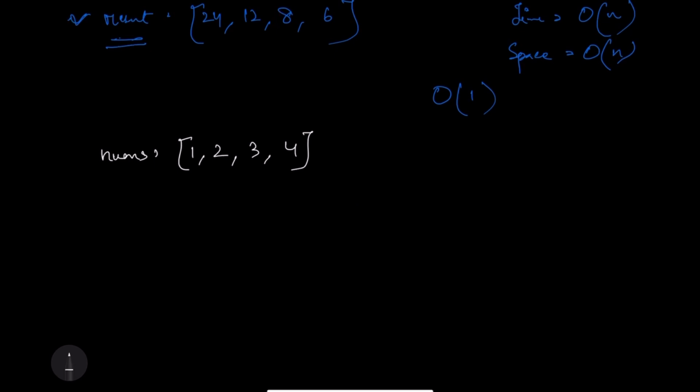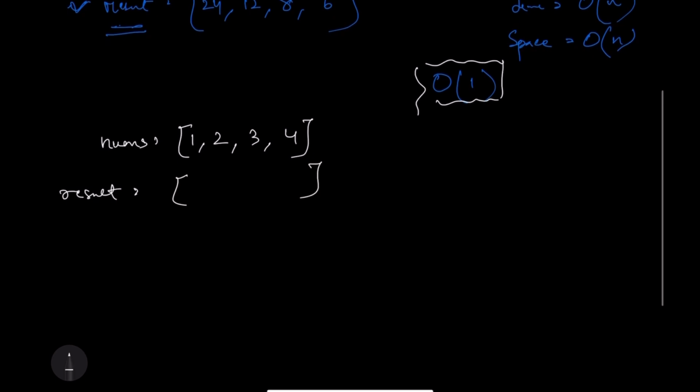To do this with O of 1 space complexity, what we can do is we can keep our left products in our result array itself. So we will keep our left products in our result array itself, and then we will get our right product.